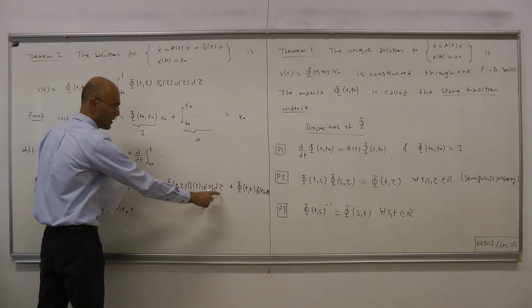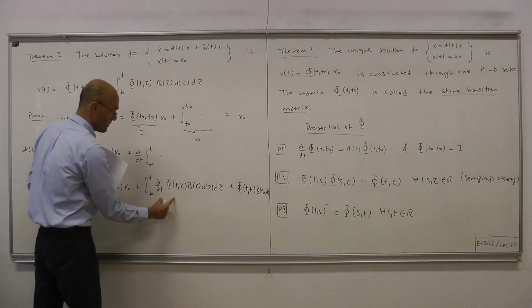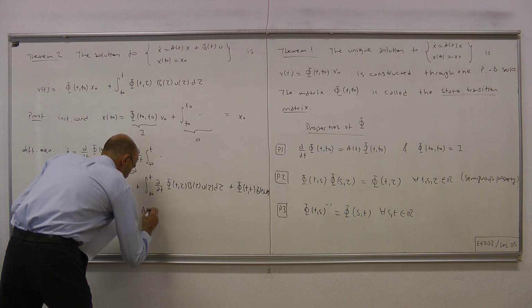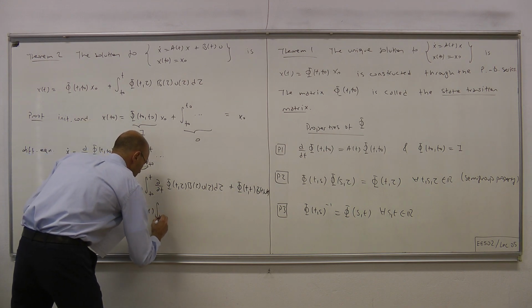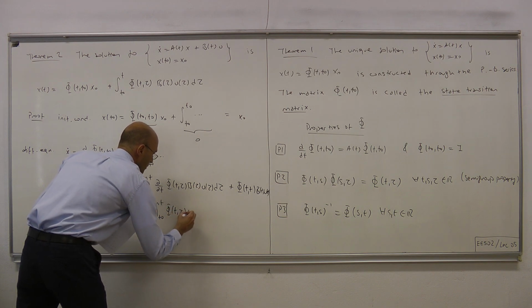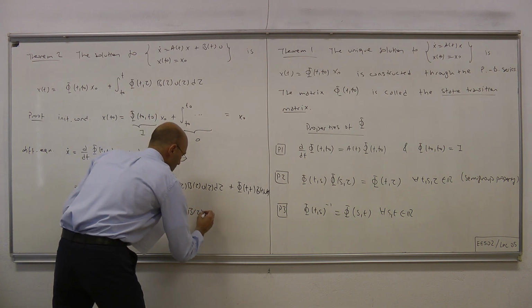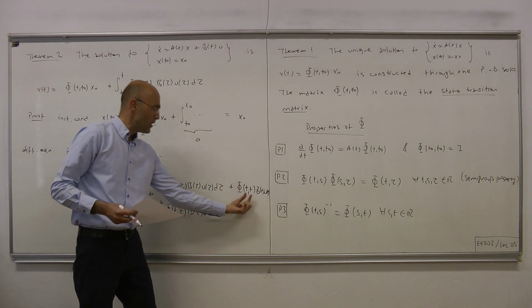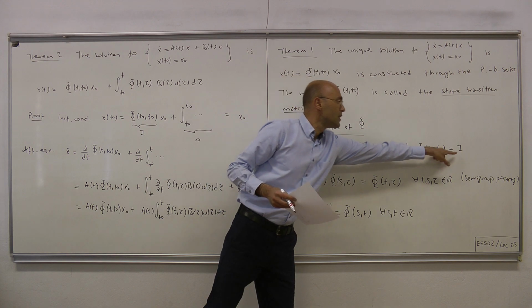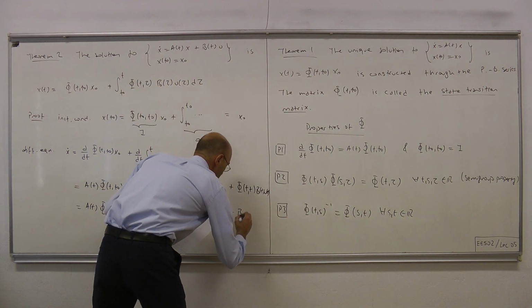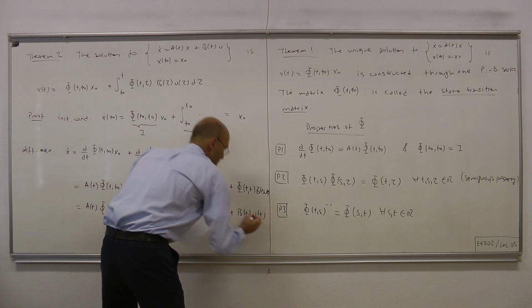Since the integration is with respect to tau, you can take this A(t) outside the integration. So we have the integral from t0 to t of phi(t,tau) B(tau) u(tau) d tau, and then phi(t,t), when both arguments are equal, is the identity matrix, therefore this disappears, and we have plus B(t) u(t).